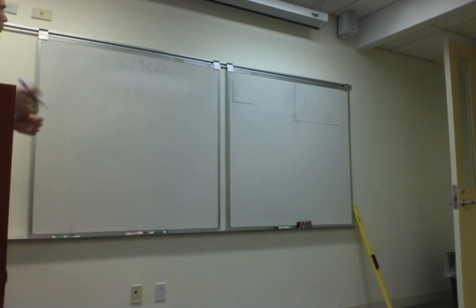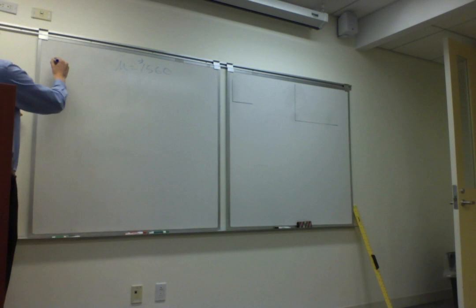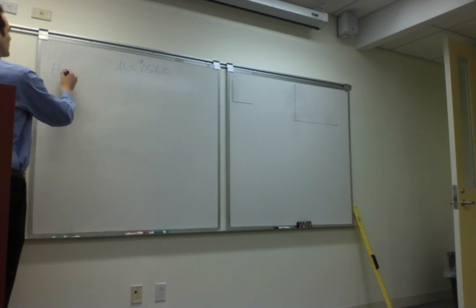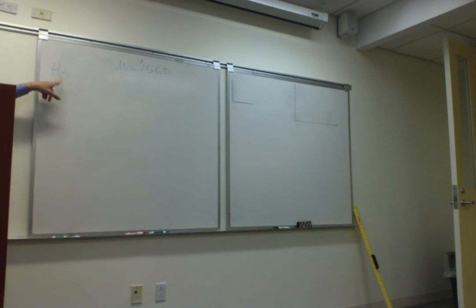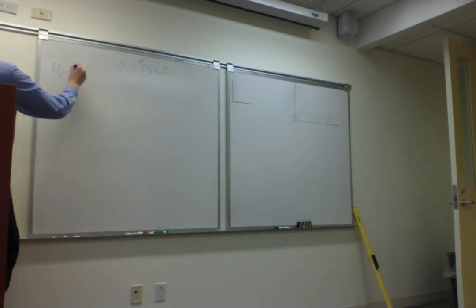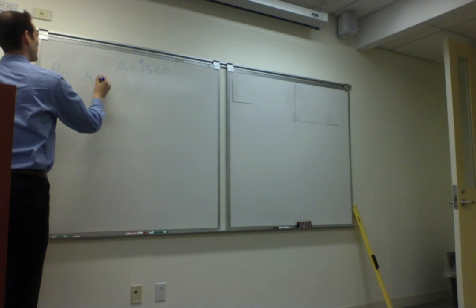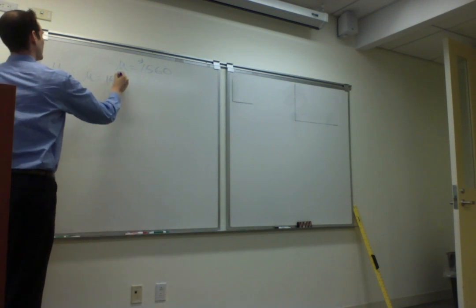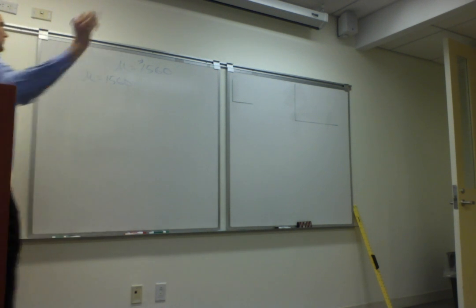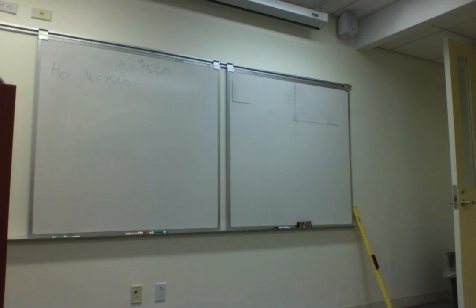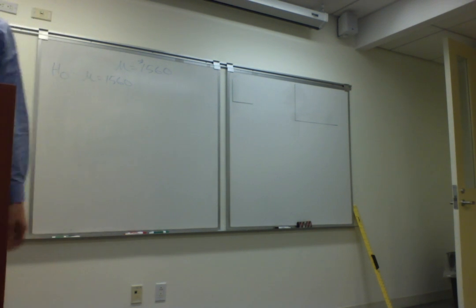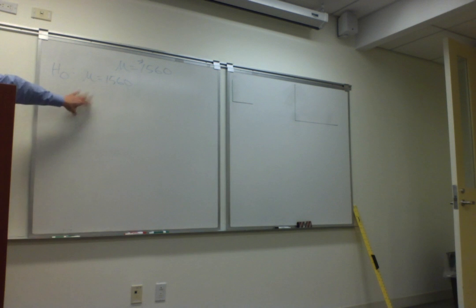I'm going to start with something I'll call the null hypothesis, and I'm going to notate it H0, and I'm going to say the mean of a one-bedroom apartment in St. Louis equals 1560. Fine. I'm going to assume that's true because you tell me. And then I'm going to gather some evidence and see if I can disprove that.